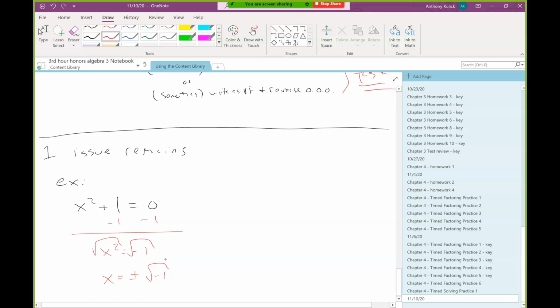Yeah, what's the square root of a negative number? So you're telling me there's two identical numbers that I could multiply together to get negative 1. So there's not two real numbers that do this, right?